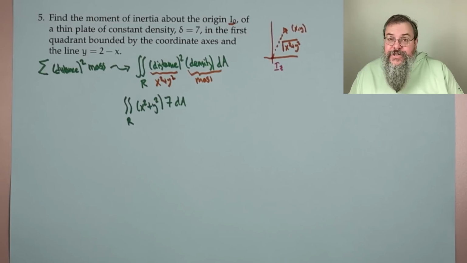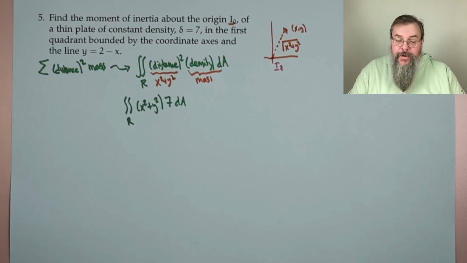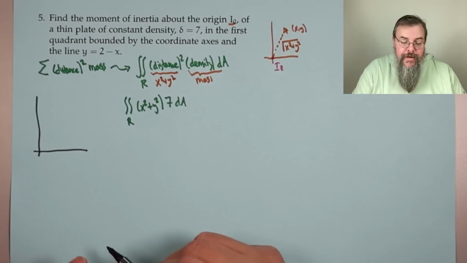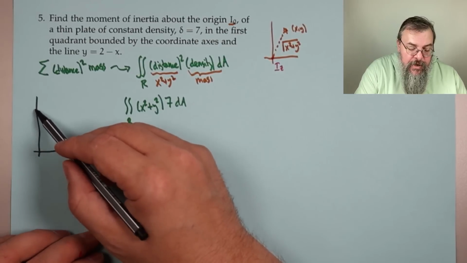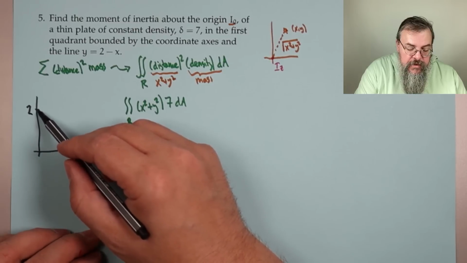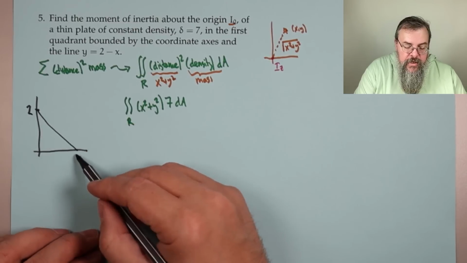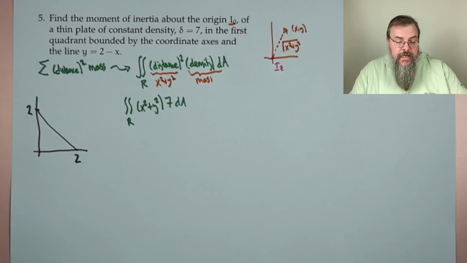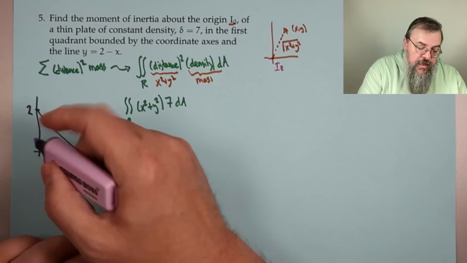So let's sketch our region. We know we're in the first quadrant. So x and y are both greater than or equal to 0. That's what that means. We have this line y equals 2 minus x, which will intersect here, and then has a slope of negative 1. So it'll go down to there. And so it's a triangle. Our region is this triangle in the plane.